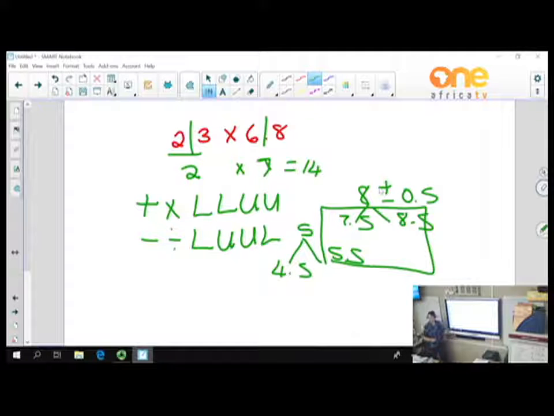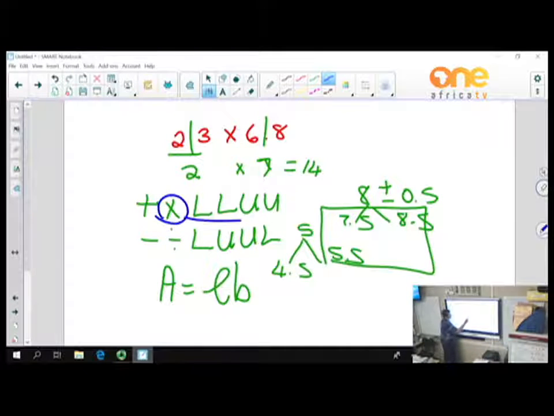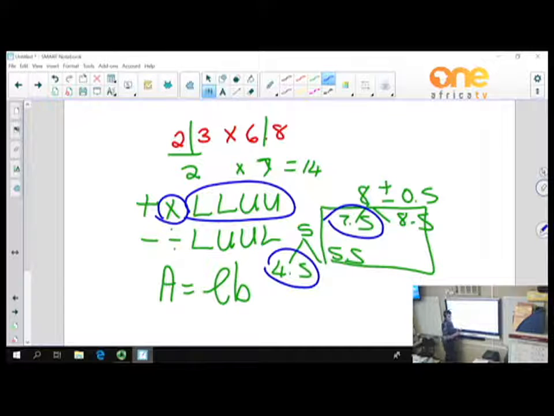If I want the area now, we know area is length times breadth. So now look, this is multiplication, so I'm going to use this one. So lower, lower, and then upper, upper.